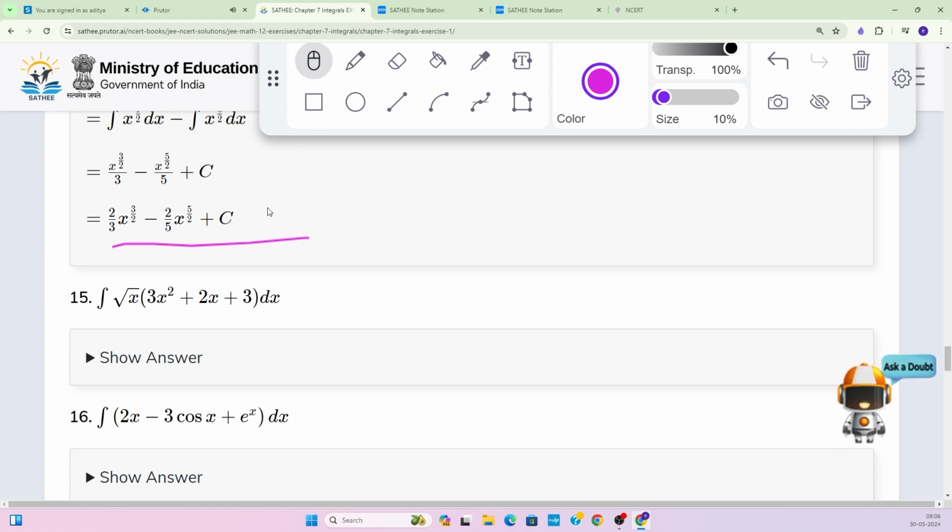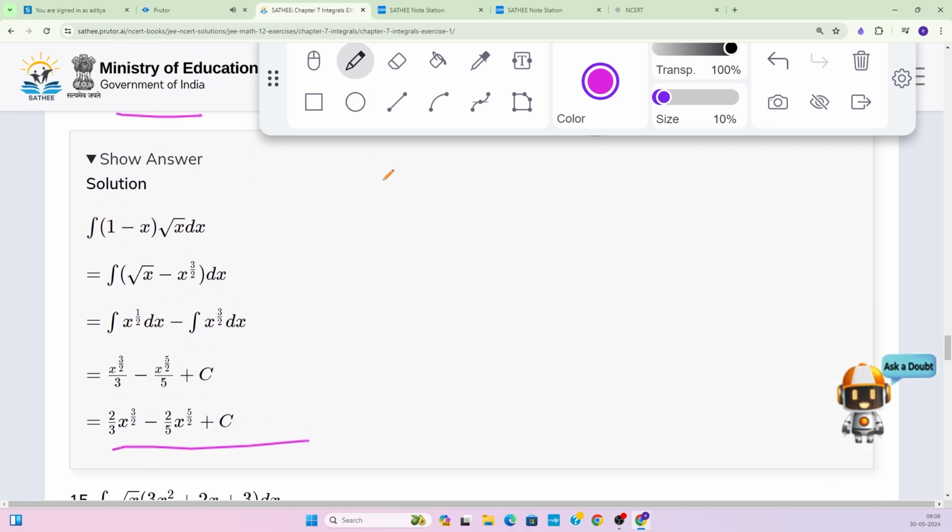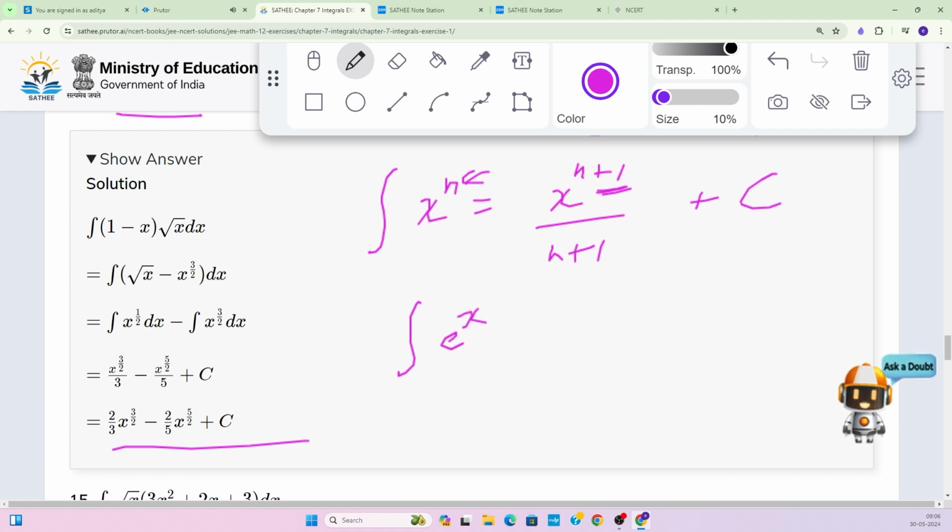What we are using again and again, let me just recall for you. So we are using x power n. This integration will be x power n plus 1 divided by n plus 1, just adding 1 to the previous power, plus some constant. Okay, for e power nx it will be e power nx by n plus some constant. We are trying to form the inside term in the form which we have already known, like this form or this form.